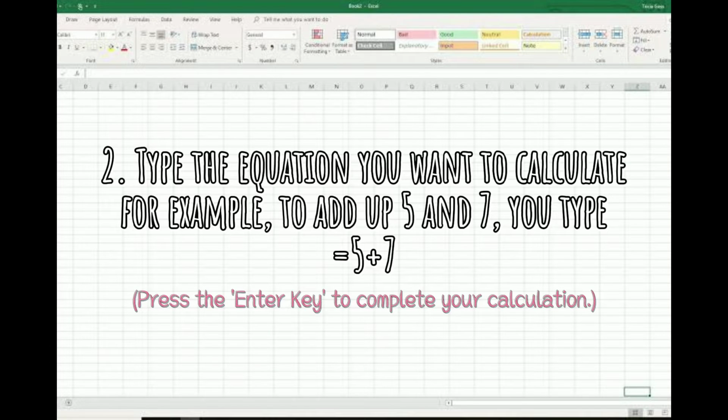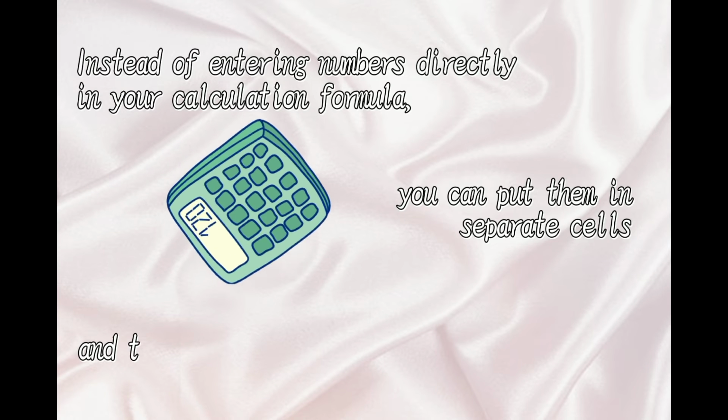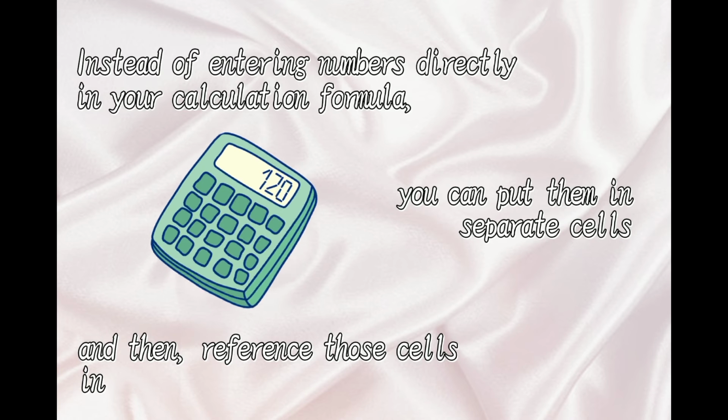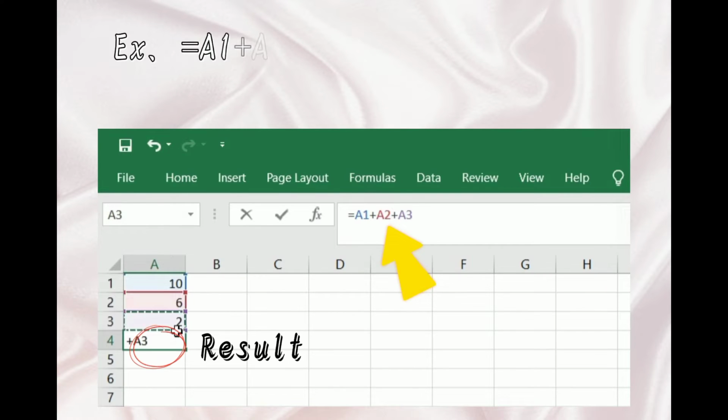Press the Enter key to complete your calculation. Done! Instead of entering numbers directly in your calculation formula, you can put them in separate cells, and then reference those cells in your formula. Example: equals A1 plus A2 plus A3.